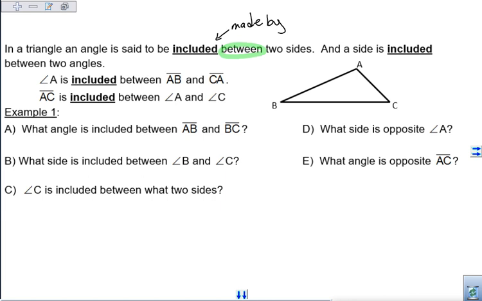So on our examples, we want to know what angle is included between segment AB and segment BC.